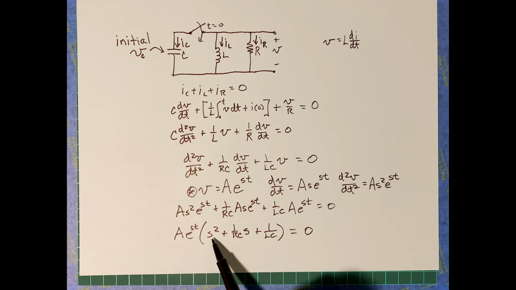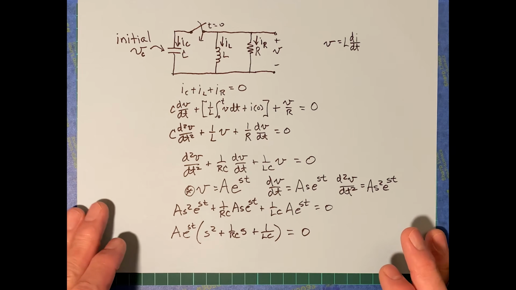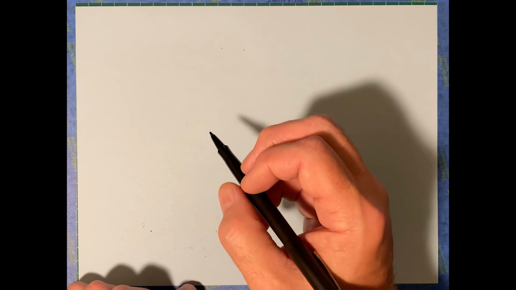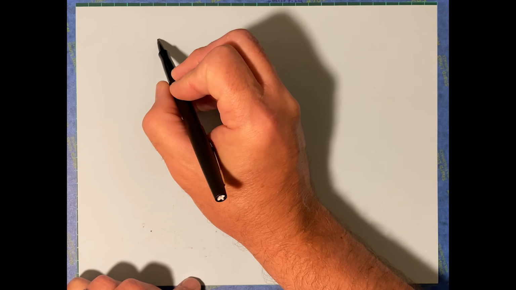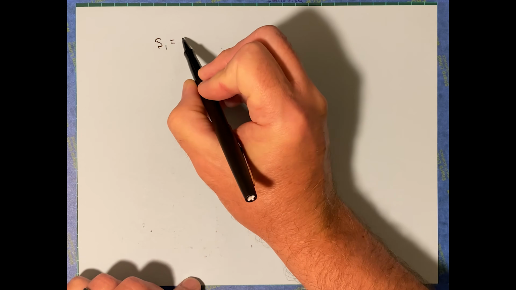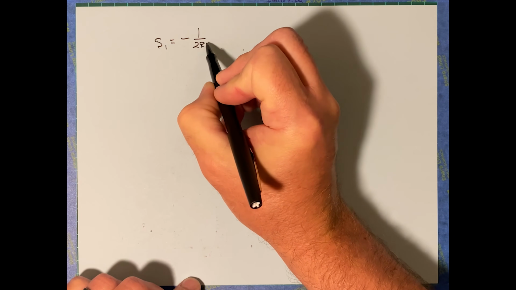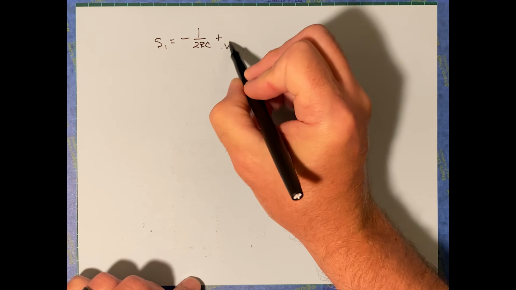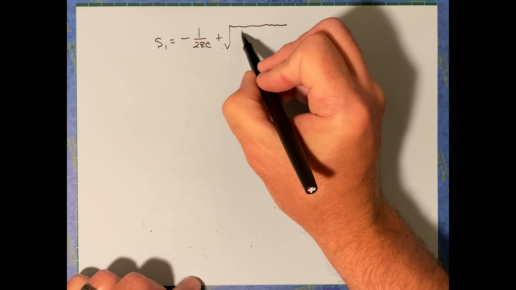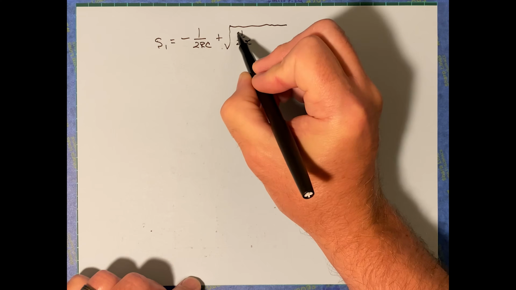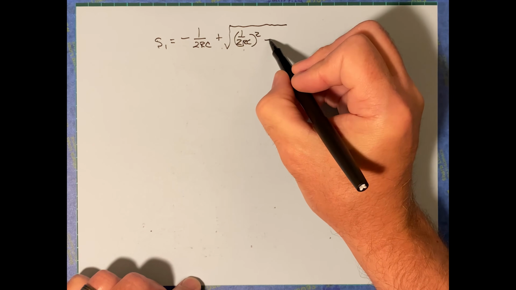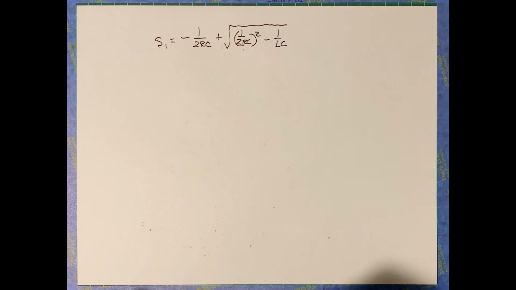And you know that we're going to have two solutions because it's a quadratic, so there's going to be an S1 and an S2. Now, like I said, I'm going to skip a few steps and jump straight to the solution. You could use the quadratic formula and plug this in, and you would get the same answer. S1 is going to be minus 1 over 2RC plus the square root of (1 over 2RC) squared minus 1 over LC.